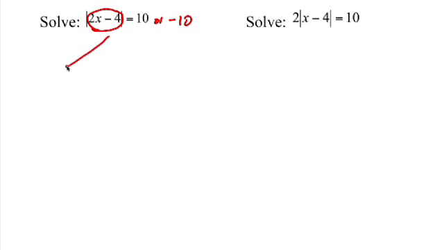So we're going to set up 2 equations. Equation 1 is the original, 2x minus 4 equals 10. Equation 2 is 2x minus 4 equals negative 10. Almost every absolute value equation is really just 2 equations in disguise. If you solve the 2 equations that are disguised, you'll have the answers to the original equation.